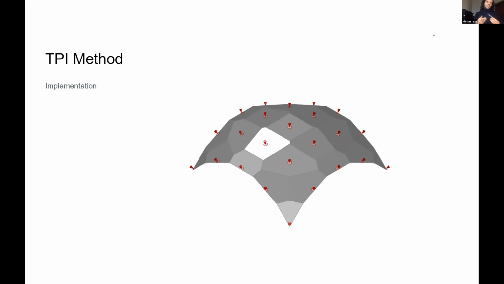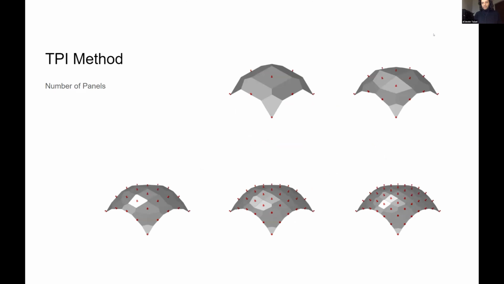Apart from being easy to implement, it has some very flexible properties as well. The first is that you can easily define the number of planes you're going to use. As you can see in this slide, you can have very few plates, or you can have much smaller plates to make up your tessellation, to interpolate your freeform surface into planar pieces.